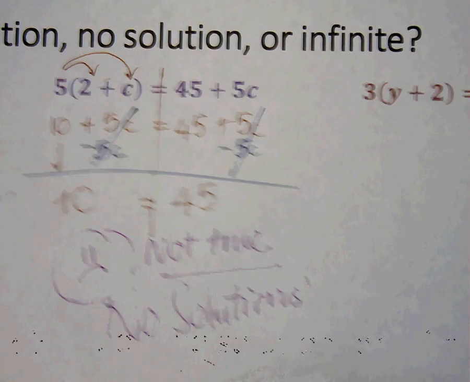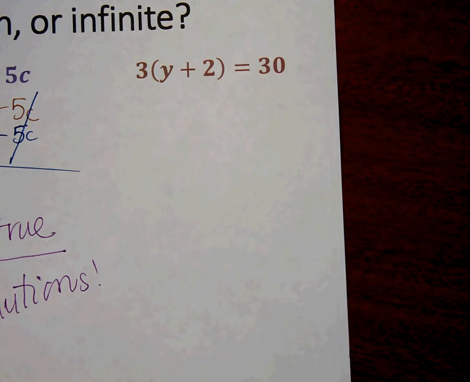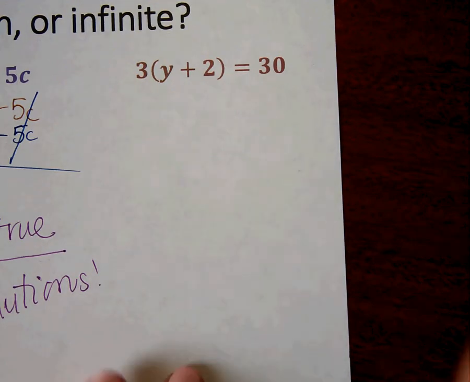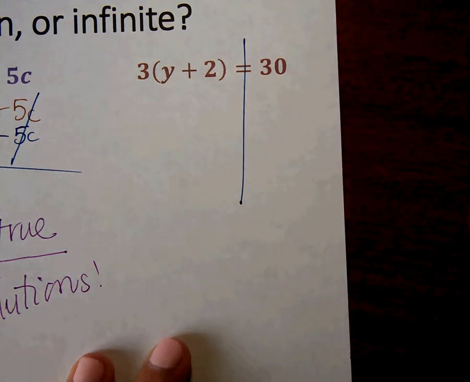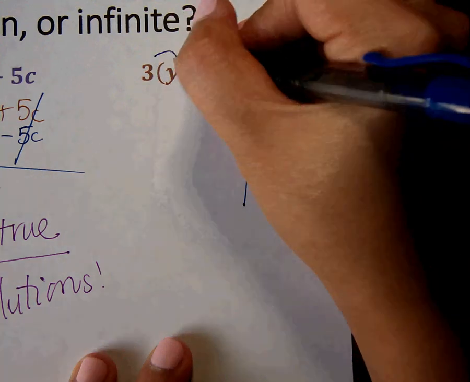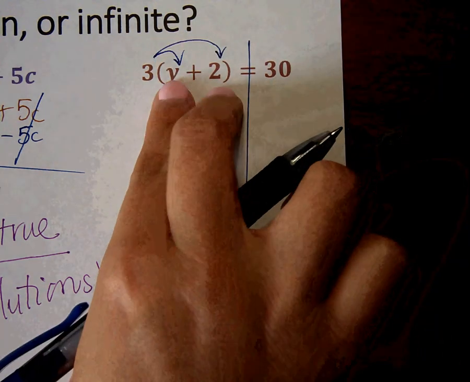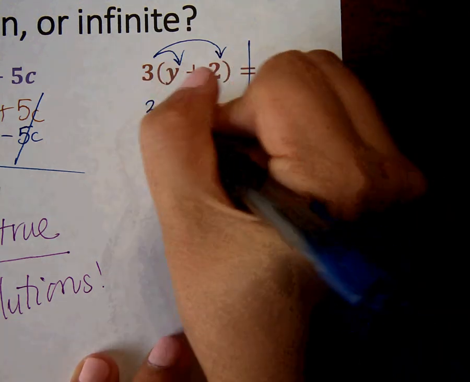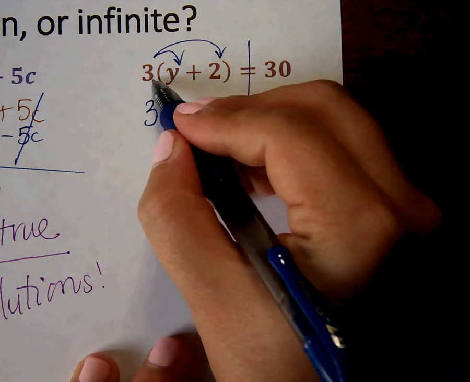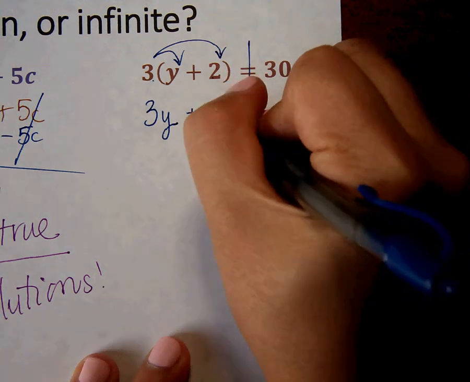Yep. Last one. 3 times parenthesis y plus 2 equals 30. Again, Ms. Chomdo will start with the dividing line like that. Now, 3 is being multiplied with these two terms, so we gotta distribute the 3. 3 times y will give you 3y plus 3 times 2 will give you 6.